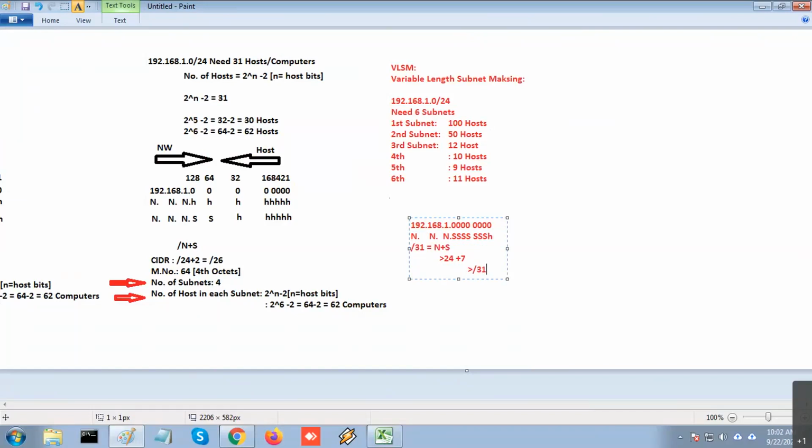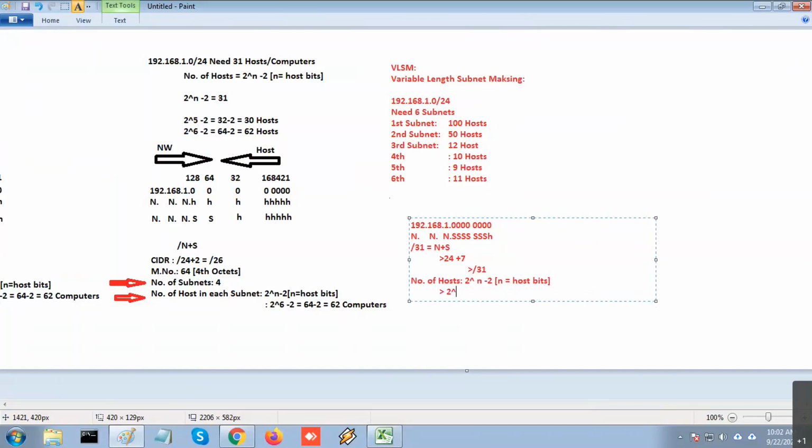What is the formula for the number of hosts? 2 power n minus 2. N is the number of host bits. So how many H bits do we have? 1.